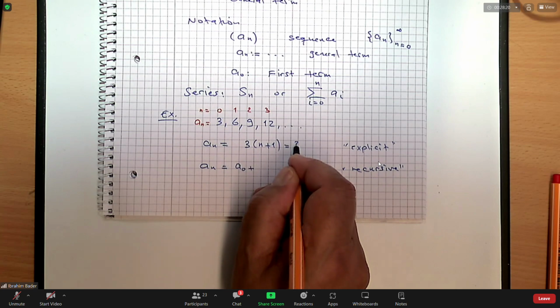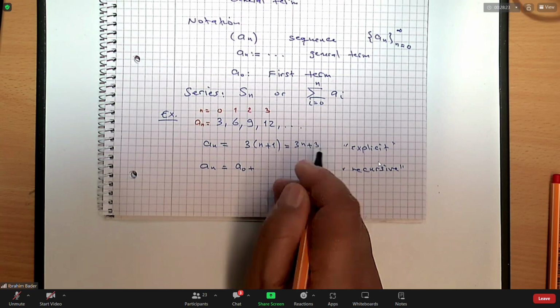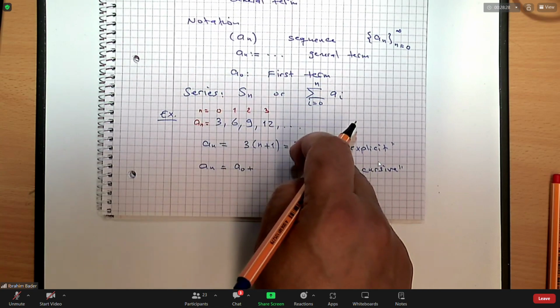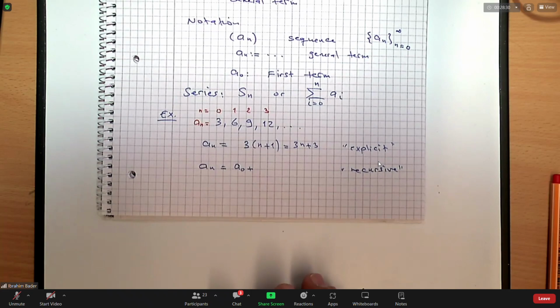So 3n plus 3: if you plug in 0, you get 3. If you plug in 1, you get 6. If you plug in 2, you get 9, and so on. Got it? Three times 0 is 0 plus 3, you got 3. n equals 1, 3 times 1 is 3 plus 3, you get 6, and so on.